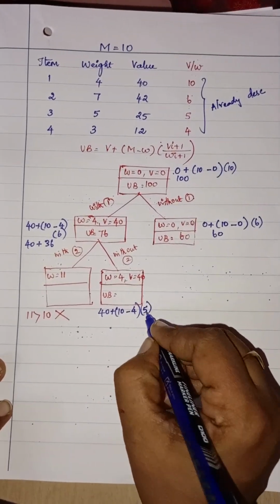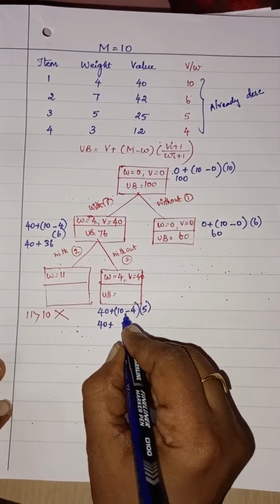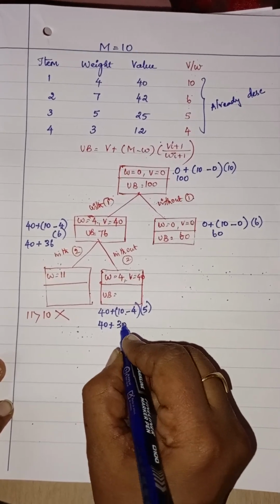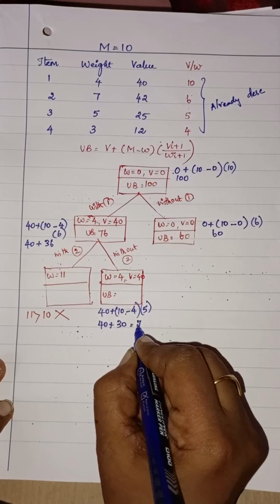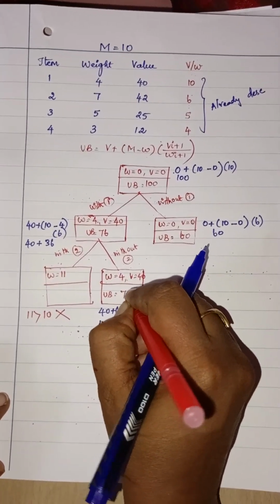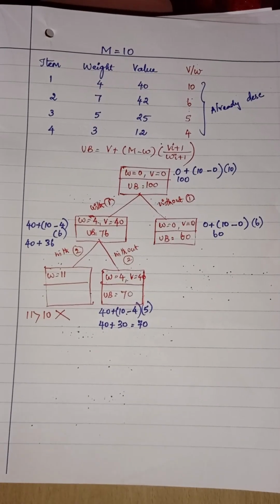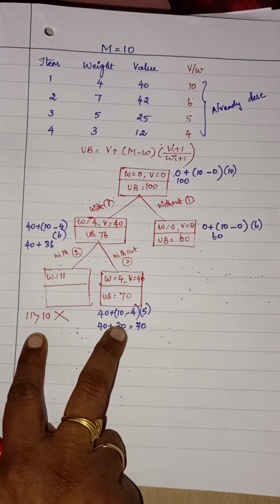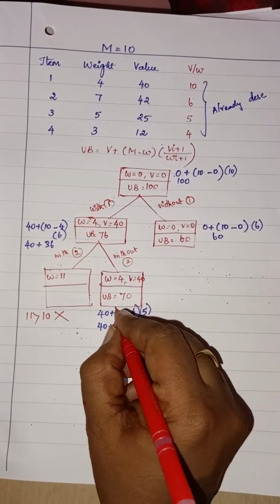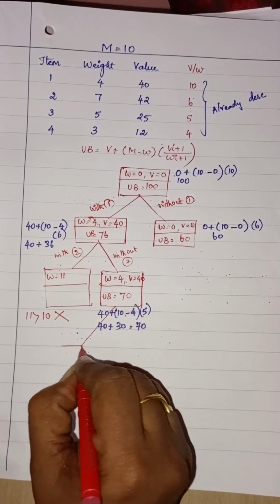It is 5. So 40 plus 6 into 5. 6 into 5 is 30. It is 70. So upper bound is 70. So of these, which one to explore? 70 only. So obviously I will explore this.